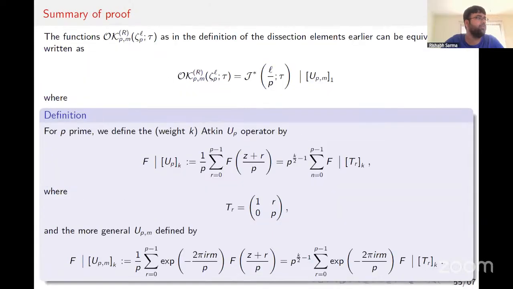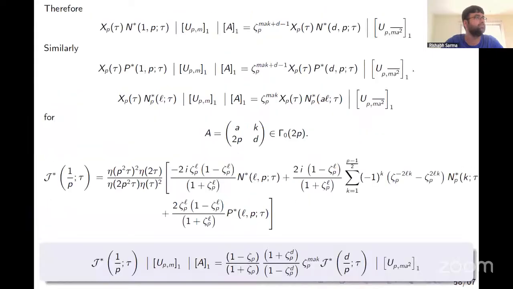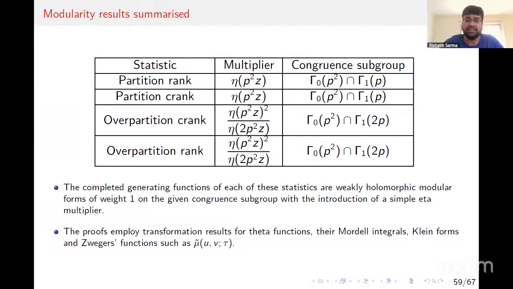Here is a summary of the proof. Once again, I'm not going to go into that, but here is a summary of the modularity results that we have found. For the partition rank and crank, attaching the multiplier eta p squared z makes the entire thing of weight 1. The difference statistic is of weight half. This is weight half, that makes it weight 1.